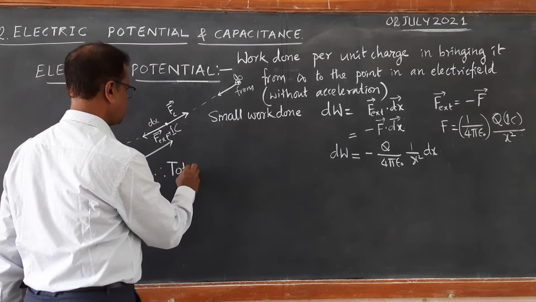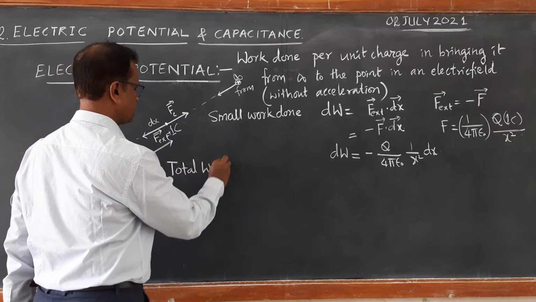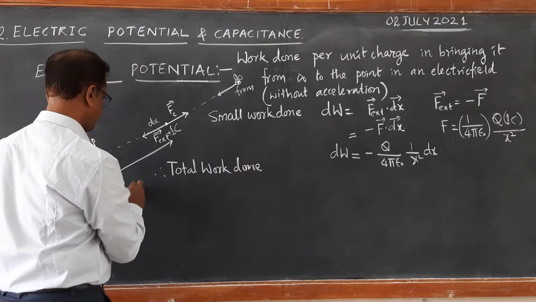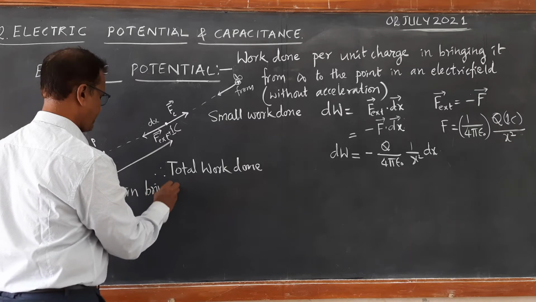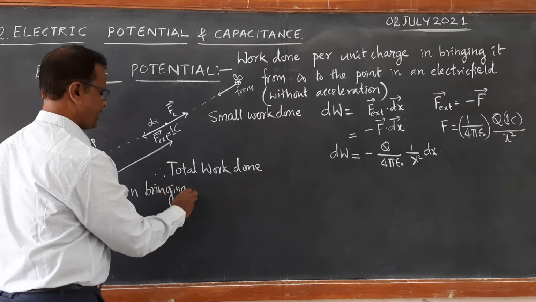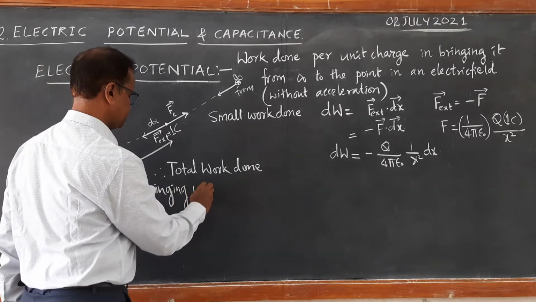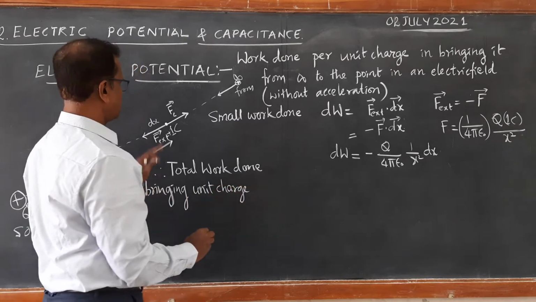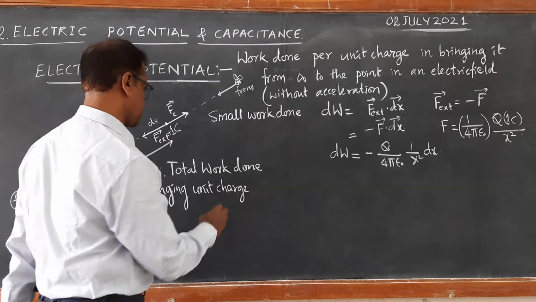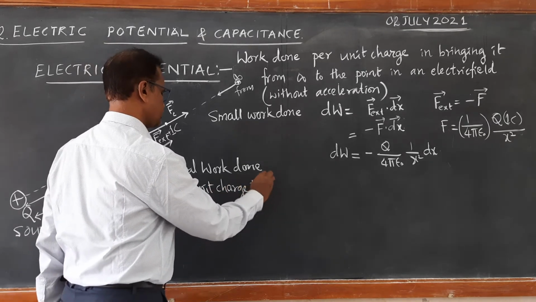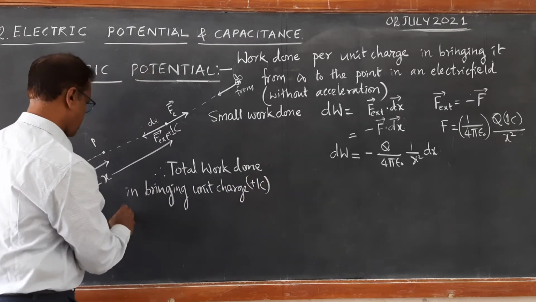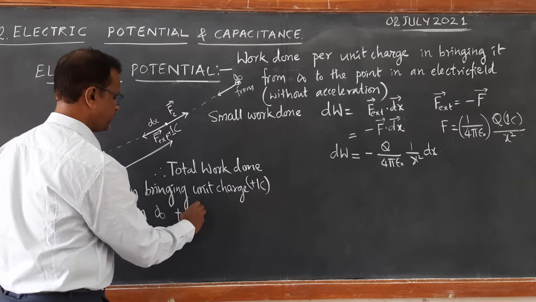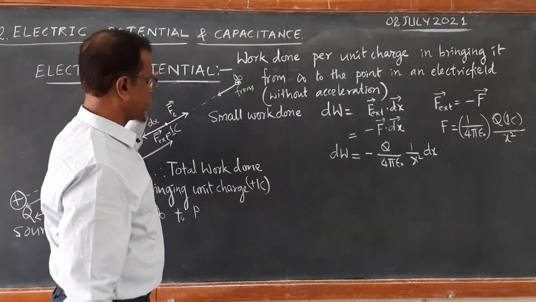Now, total work done. Total work done in bringing unit charge, unit positive charge, plus 1 coulomb charge, from infinity to point P. That is how we calculate electric potential.